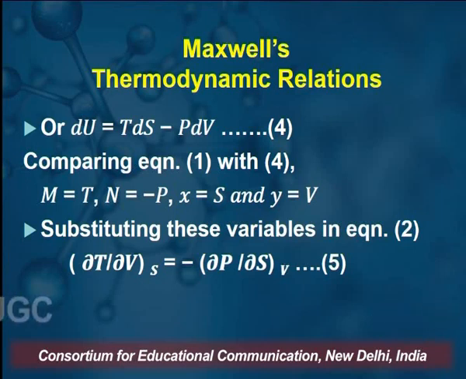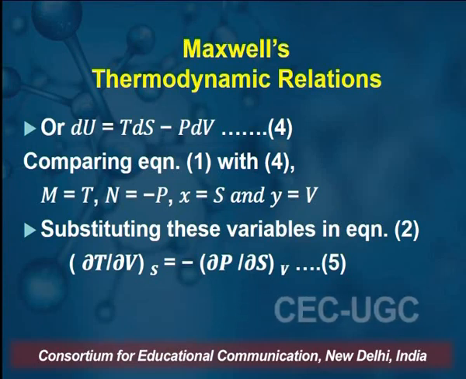If we compare the first equation with the fourth equation, we can see that in equation fourth, M is equal to T and N is equal to minus p, x is equal to S and y is equal to V.